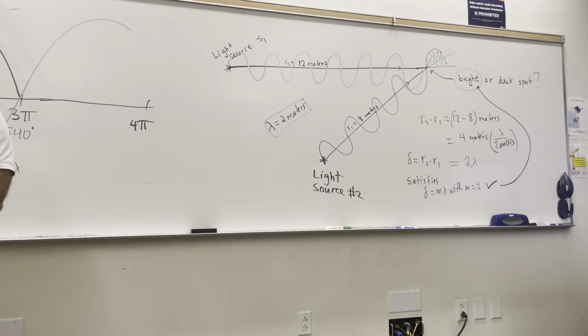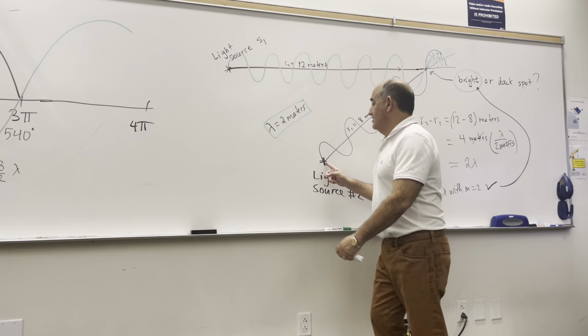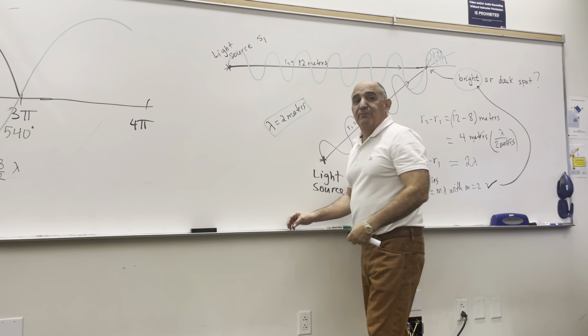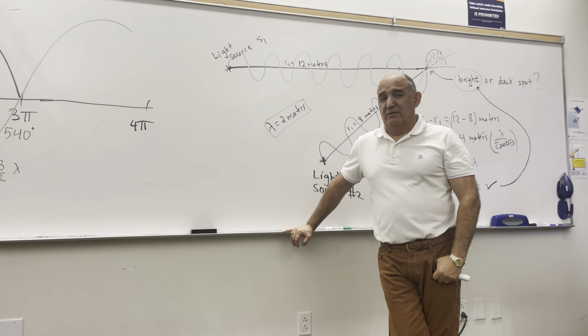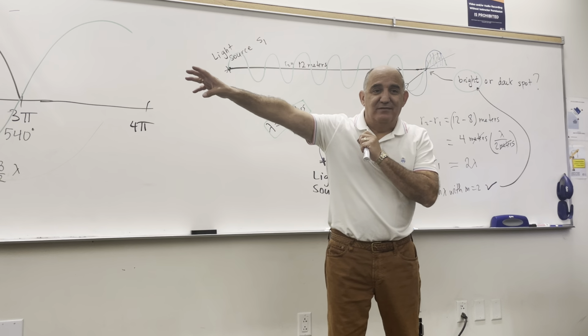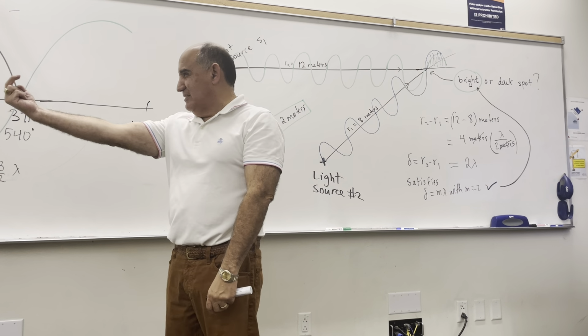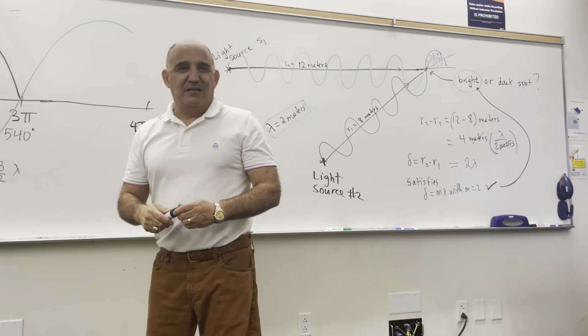What we're going to consider in the lab are 2 slits that are probably 100 micrometers apart. And then we're going to look at a screen that's far away. So if I'm over here and I look at 2 dots that are really close, they're coming together.